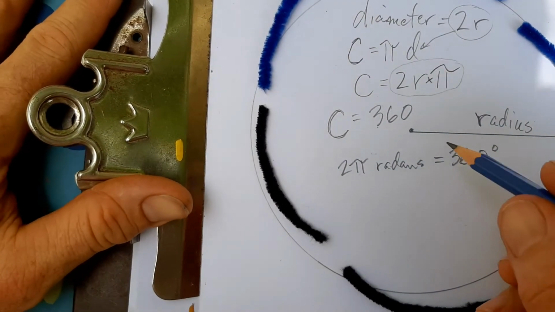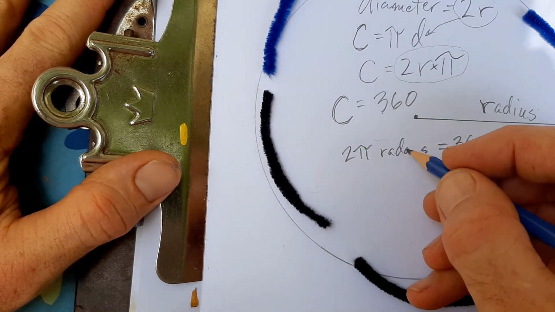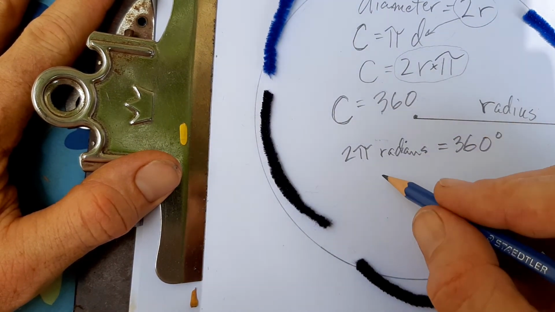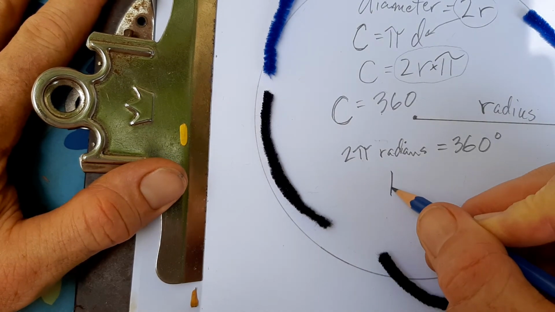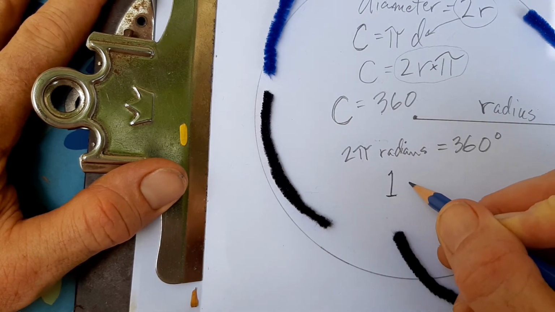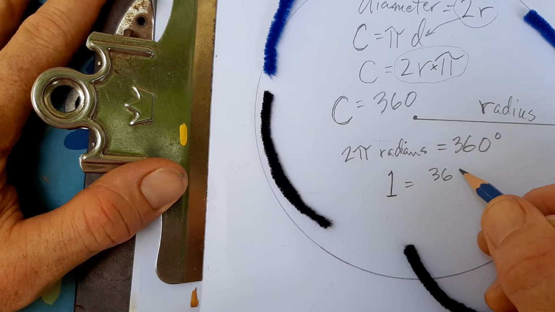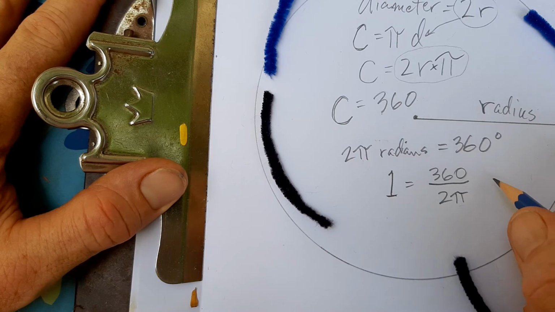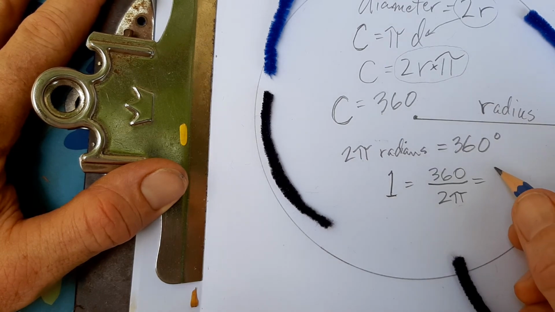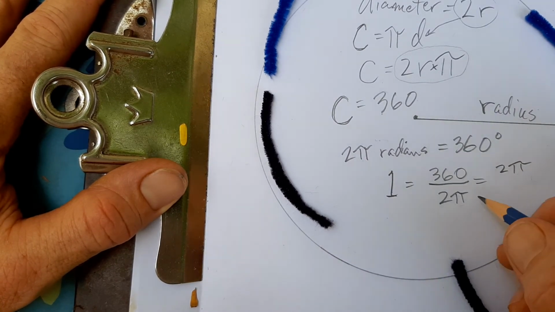If I divide both sides by 2 pi radians, just like our unit conversion, I have 1 equals 360 degrees divided by 2 pi radians.